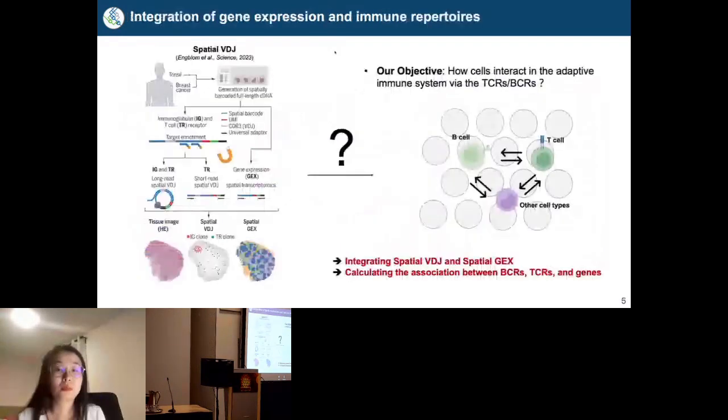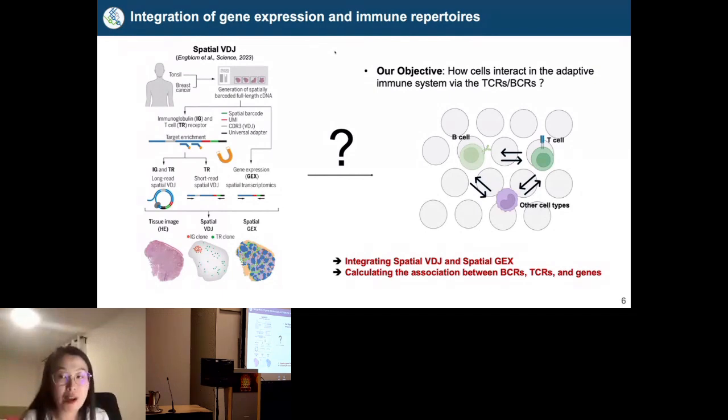To solve this problem, last year, I had the honor of being involved in the Spatial VDJ project, which was led by Karolinska Institute and KTH in Sweden. Spatial VDJ is an extension of Visium spatial transcriptomics that can map gene expression as well as VDJ sequences within tissue.